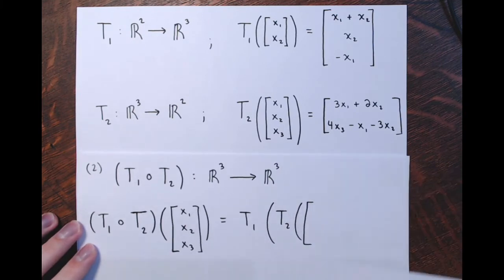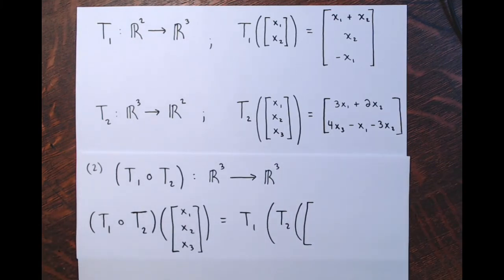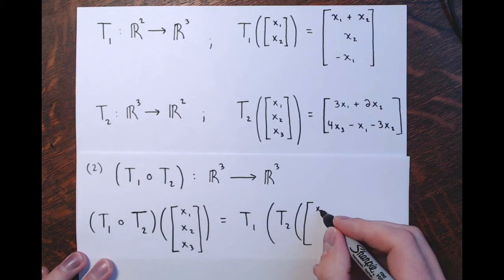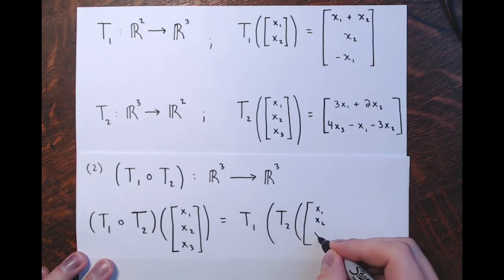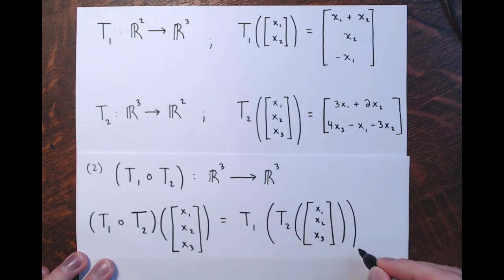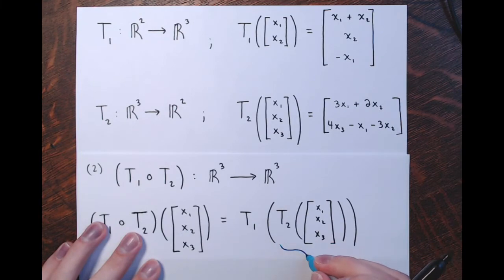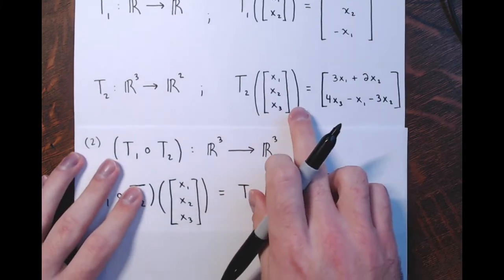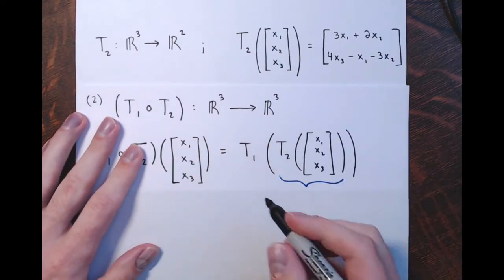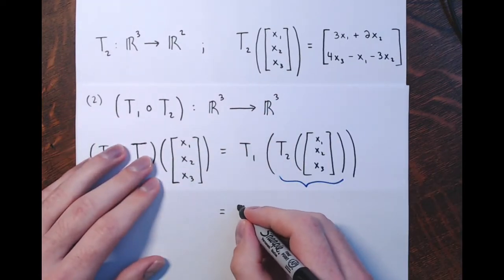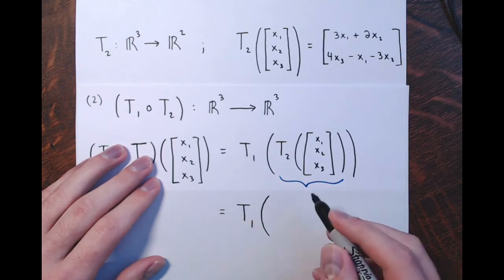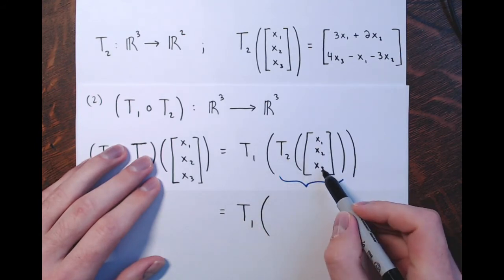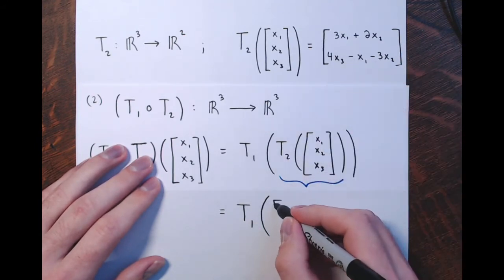First, I'm applying T2, which I have here. So this now becomes T1 of, and then T2 of this 3-component vector gives me this 2-component vector.